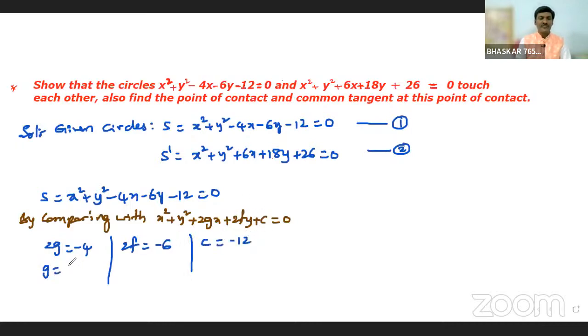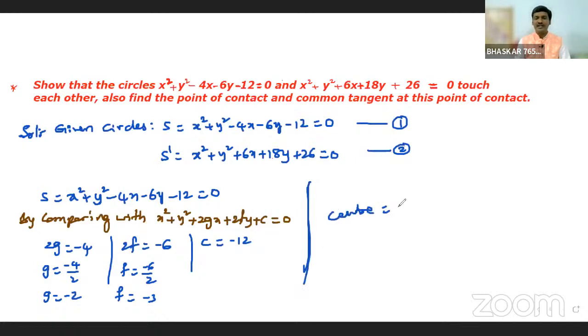Here g is equal to minus 4 by 2, that means minus 2. The value of g is minus 2. Here f is equal to minus 6 by 2, the value of f is minus 3. And c is minus 12 as it is. Now what is the center here? The center for the first circle, C1, is equal to minus g comma minus f.